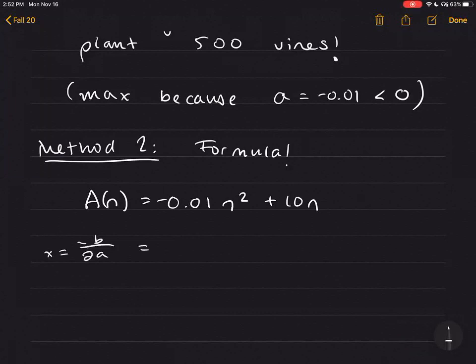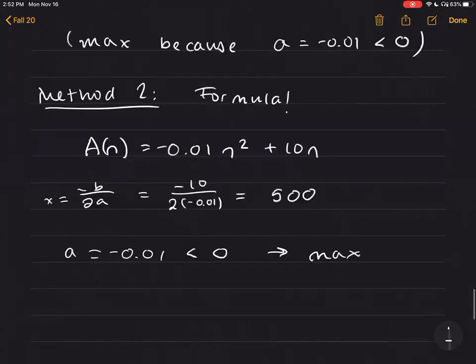And b here is 10, so we get negative 10 over 2, and then a is negative 0.01. And then if you simplify out this division, you get 500. Wow. And again, since a is negative, we have a max. And so max yield is at 500 vines.